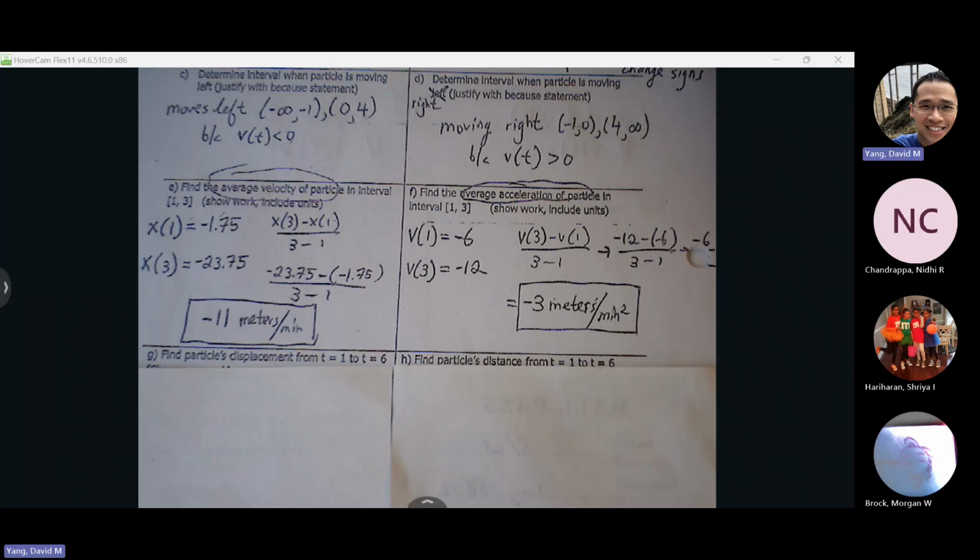Your units of measure will still represent velocity, meters over minutes. Average acceleration, find your velocity at 1, find your velocity at 3. But now it's meters per minute, all over minutes. So our units are still going to match what we expect from acceleration, meters per minute squared.